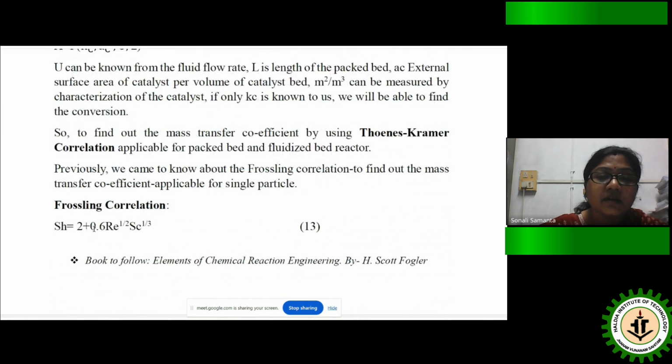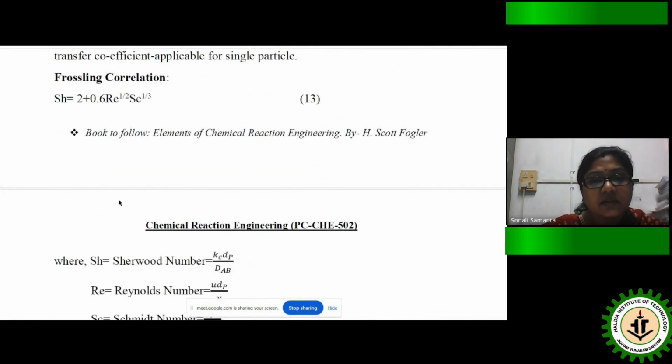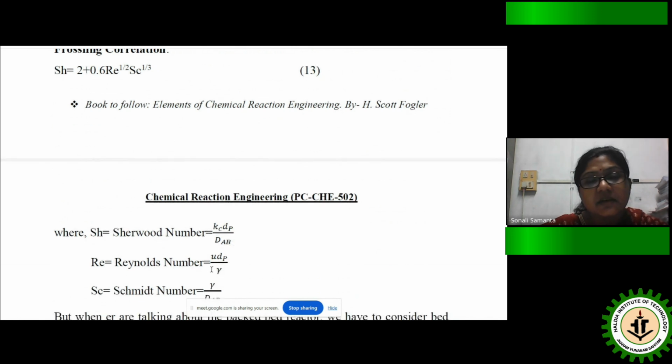So here is the Frossling correlation. The Frossling correlation is actually what? Sherwood number equals 2 plus 0.6 Reynolds number to the power half, Schmidt number to the power one-third. From there, the Sherwood number is Kc dp by DAB. Reynolds number is u dp by nu, and Schmidt number is nu by DAB.